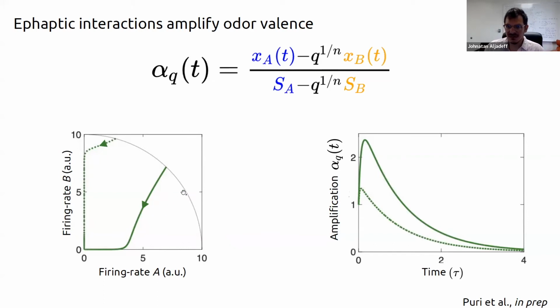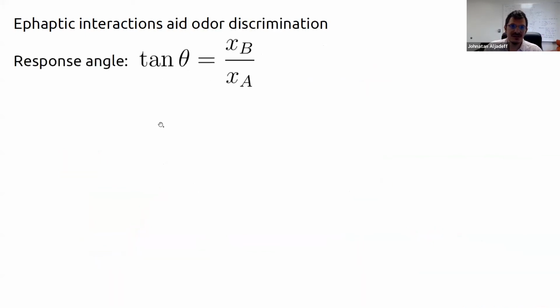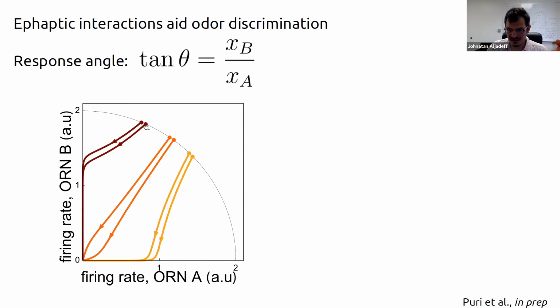Okay, so we identified a mechanism for amplifying odor. The next thing we did is to look at whether these interactions can aid in odor discrimination. To do that, we defined the response angle, which is time dependent because the firing rates are transiently changing. And we compared nearby initial conditions in brown, orange, and yellow. You can see that for the initial conditions or stimuli in brown and yellow, the trajectories don't separate before they collapse onto each other.